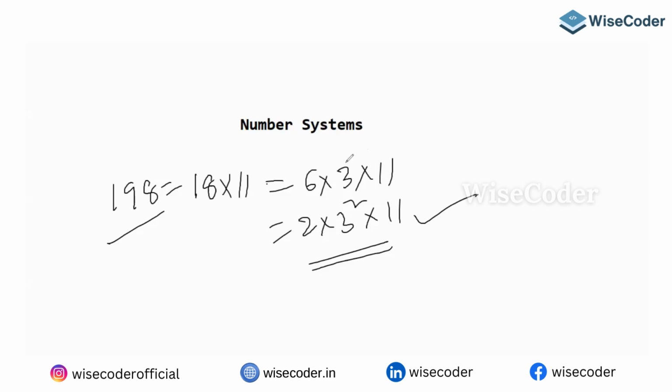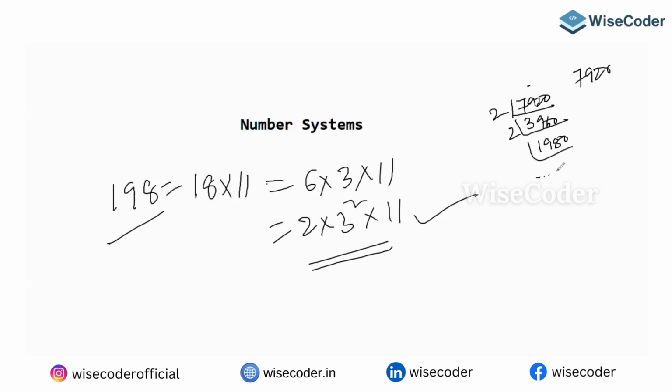Yes or no? Okay, but in school days, whenever factorization was there, we used to write like this. Let's say there is a big number, 7920. 7920 divided by 2, you will get 3960. Again, this is going to divide by 2, like 1980.